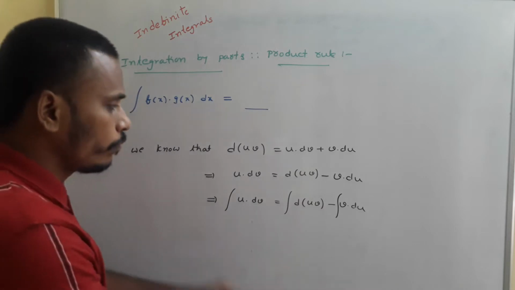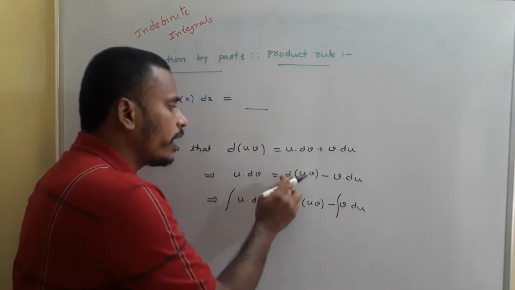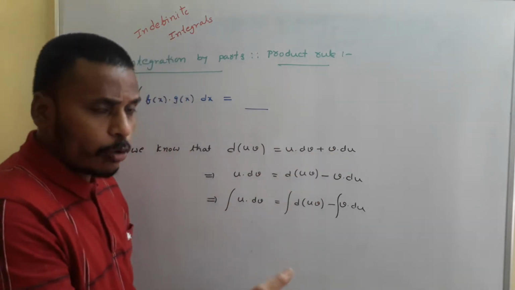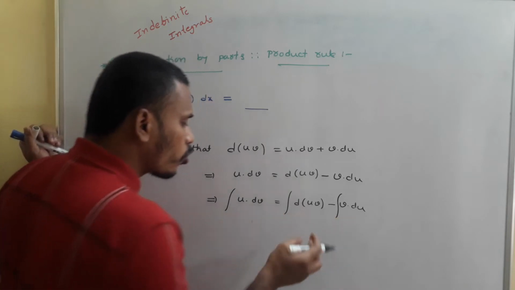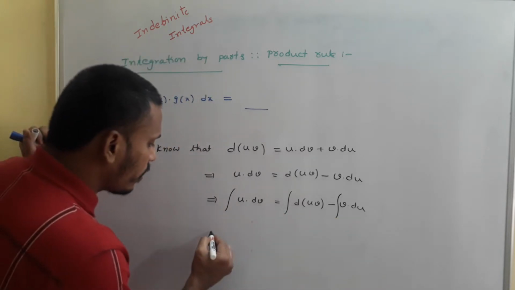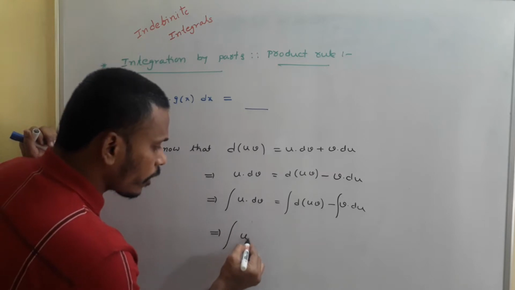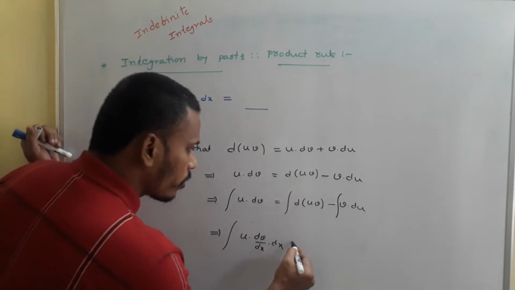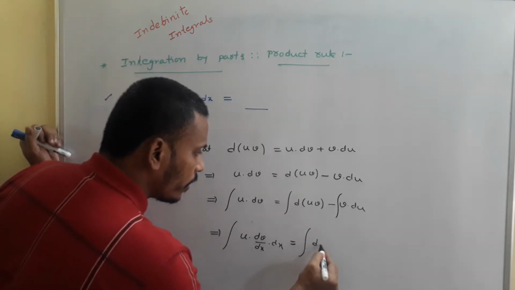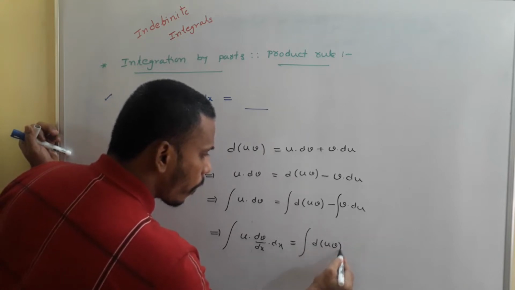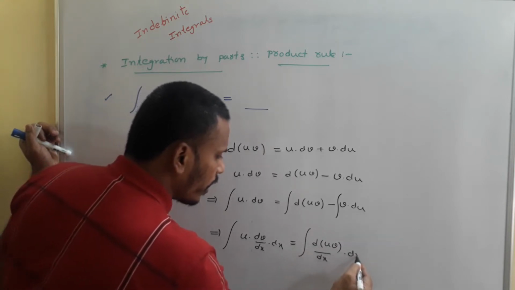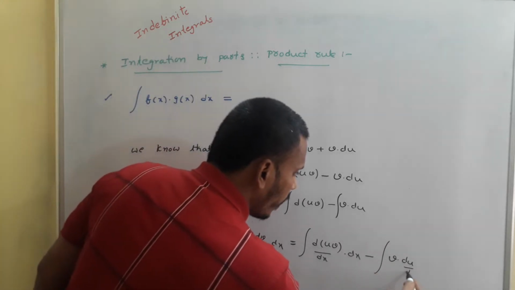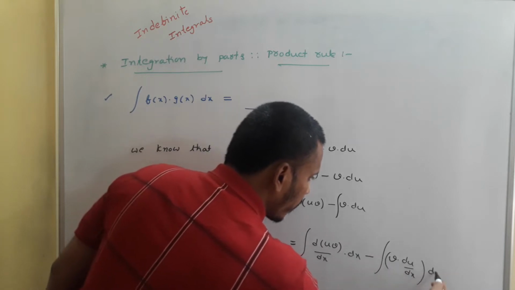If this differentiation is with respect to x, then automatically this integration is also with respect to x. So this implies the integral of u into dv by dx with respect to x is equal to the integral of d(uv) by dx into dx minus the integral of v du by dx into dx.